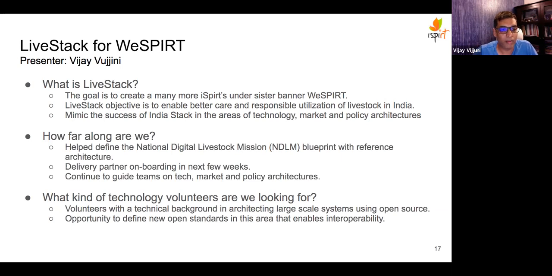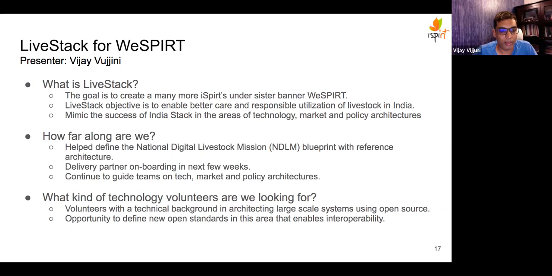Where we are right now is working closely with the department to create an NDLM blueprint, which is in the works and in the final stages of publishing, and also working with the team to help onboard the right partner and define a reference architecture, which will help scale the system in coming years. Right now we have provided the reference architecture and are working with the team closely to help guide them to make the right decisions across both the technology and policy aspects related to the organization.